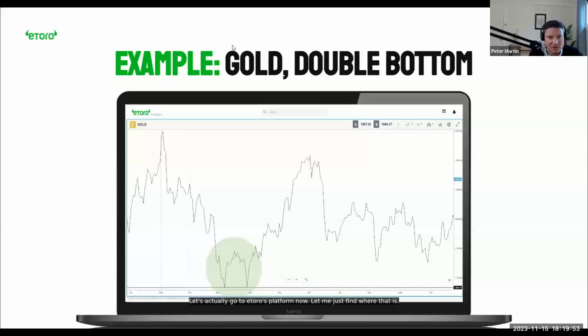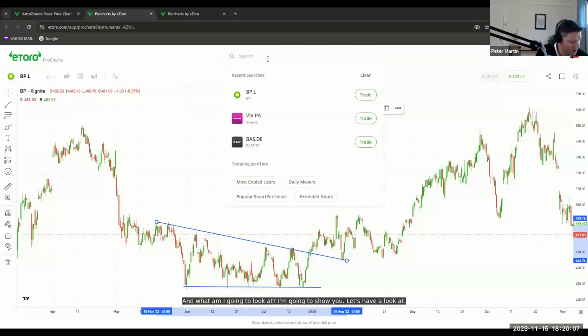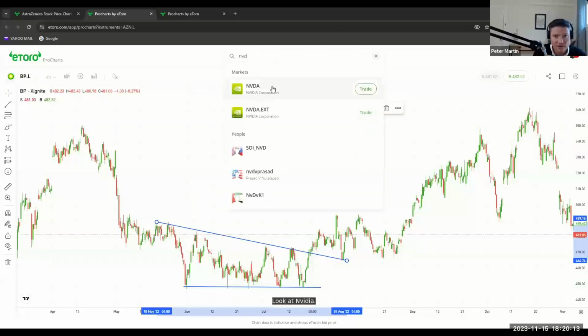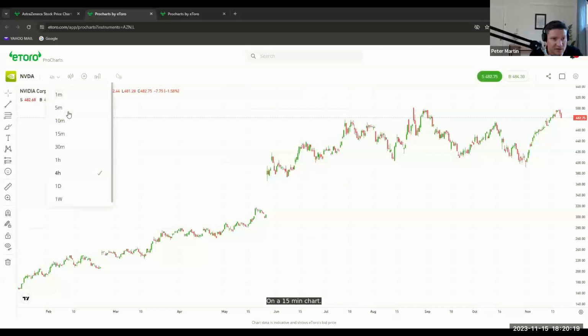Let's actually go to eToro's platform now. Let me just find where that is. Here it is. I'm going to show you, let's have a look at NVIDIA on a 15-minute chart.